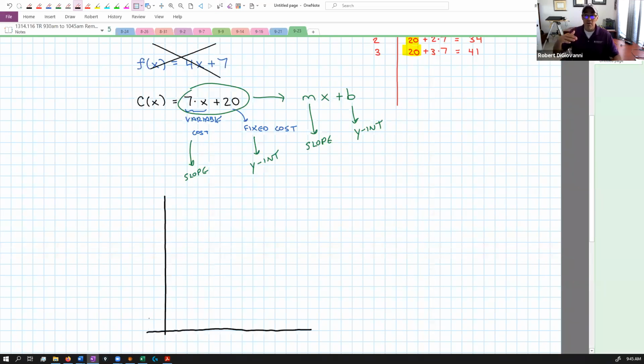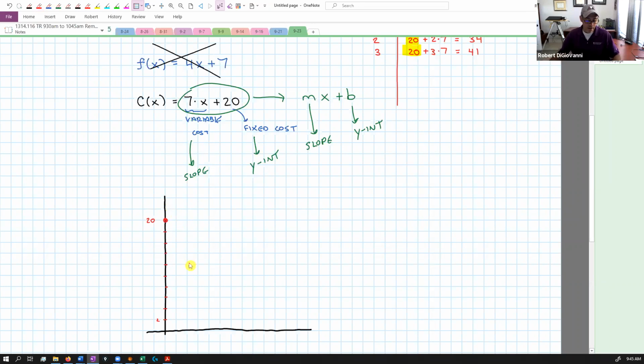That's where I start, which is going to be where? Where's my y-intercept? 20. Okay, so I'm going to count by twos. 2, 4, 6, 8, 10, 12, 14, 16, 18. Here's 20. Okay, so I put a dot here.